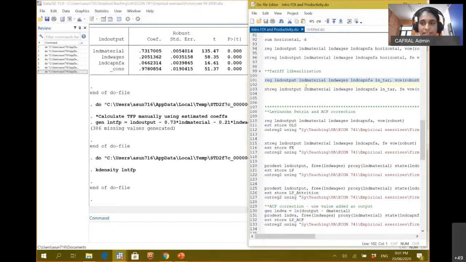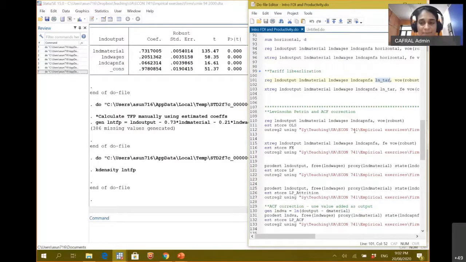Theoretically, our expectation is that trade liberalization, which is captured by this reduction in the import tariff, should be associated with an increase in productivity. That is because when tariffs go down, there's more competition for firms, and more competition means firms become more efficient because they invest in better technology, reduce managerial inefficiencies and so on, and that leads to higher productivity.